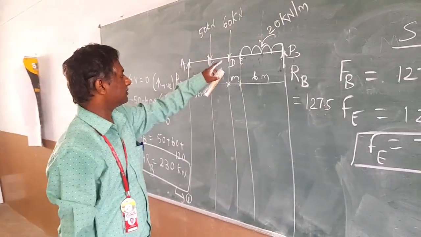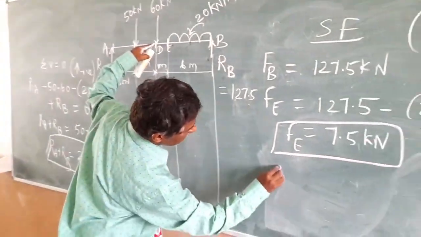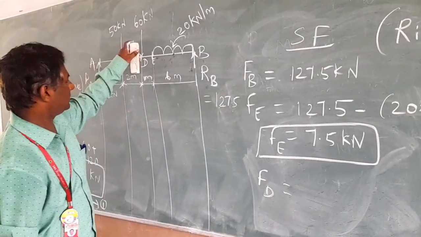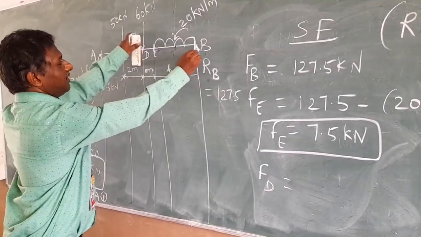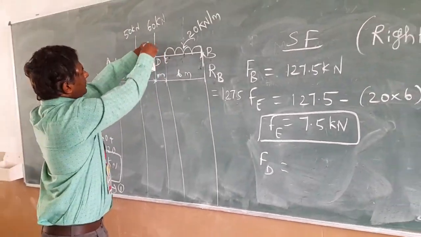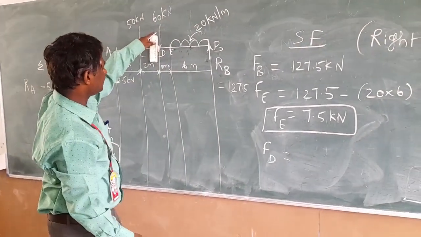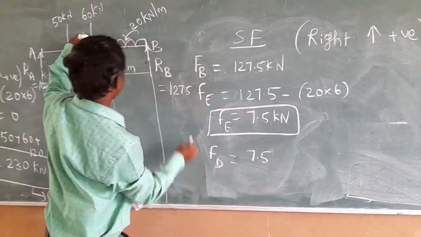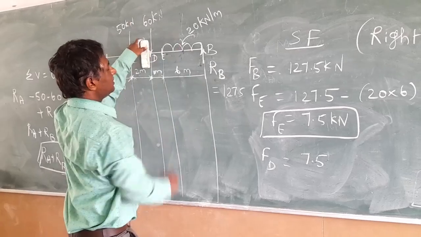And let's move on to the D point. F at D. Okay. So put together, we have already considered RB and this value. And the extra thing is 60 kilonewtons comes into the picture. We just consider from this point 7.5, already considered RB and UDL.